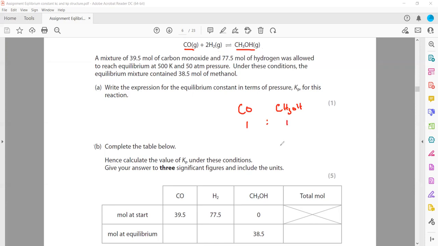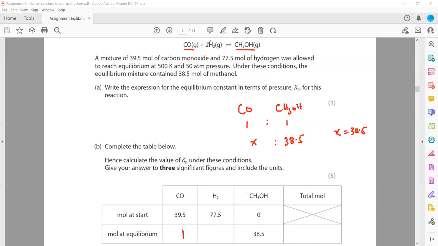So if 38.5 moles of methanol are produced, then X moles of carbon monoxide will be there. When we cross multiply, the value of X is 38.5. So it means 38.5 moles of carbon monoxide are used or reacted. But we write how many moles are left at equilibrium. So if originally it was 39.5 and 38.5 reacted, what is the difference? 39.5 minus 38.5. So it will be 1 mole.